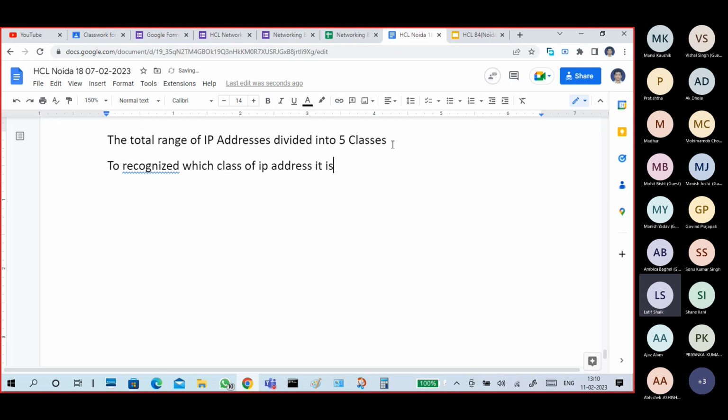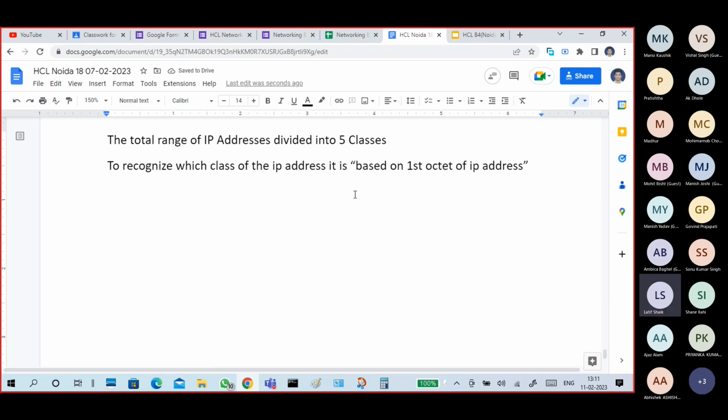The class of the IP address is based on the first octet of the IP address.